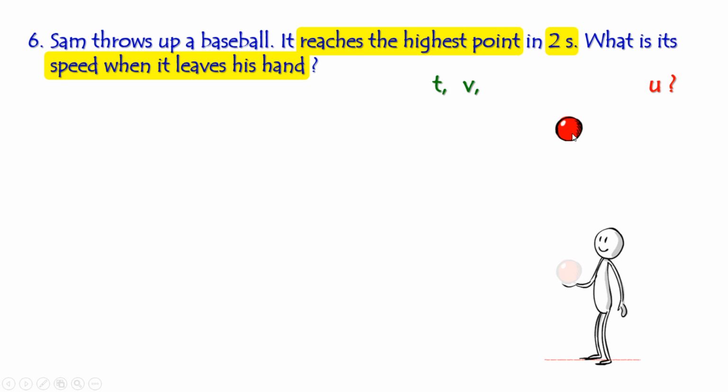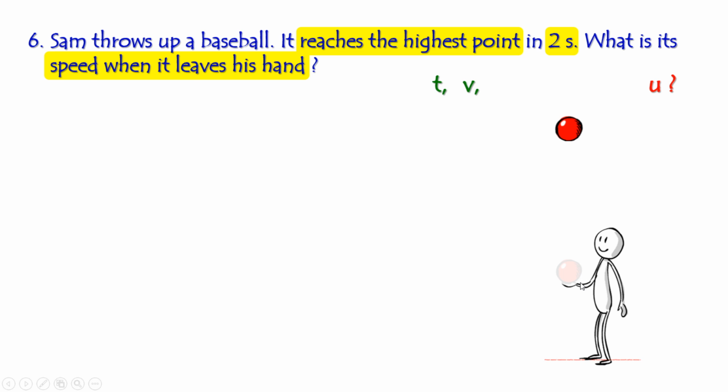Because if it is not equal to 0, then it will move again, then it is not the highest point. So the final speed is equal to 0 at the highest point. And the initial speed of the ball is not equal to 0 because Sam throws it up, and finally, it becomes 0.